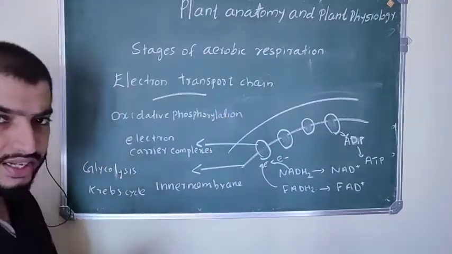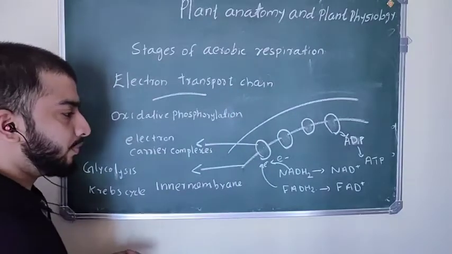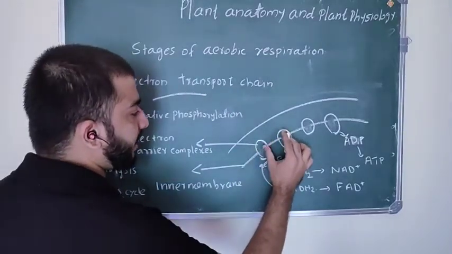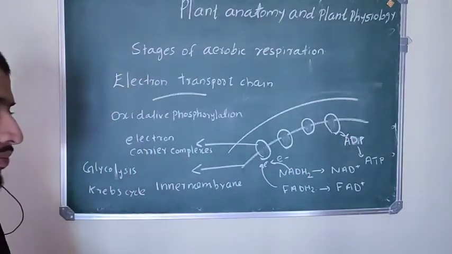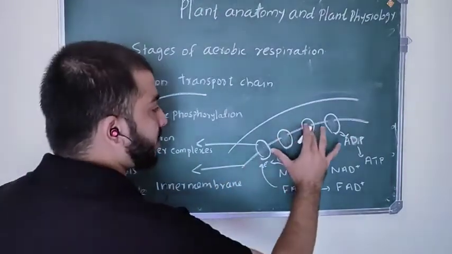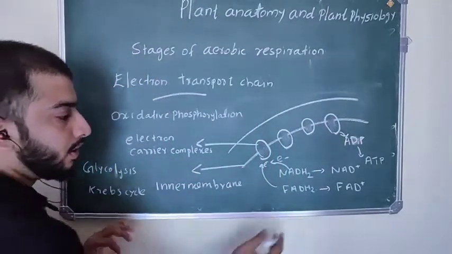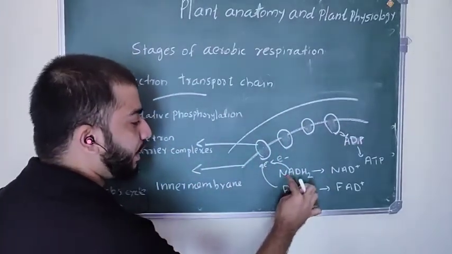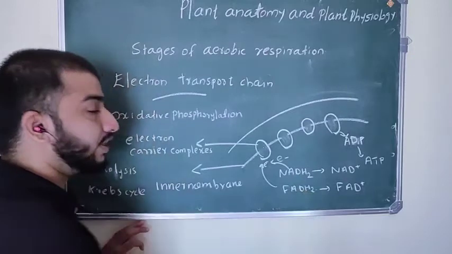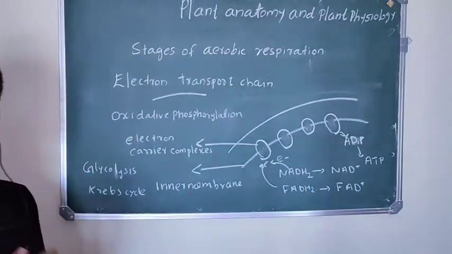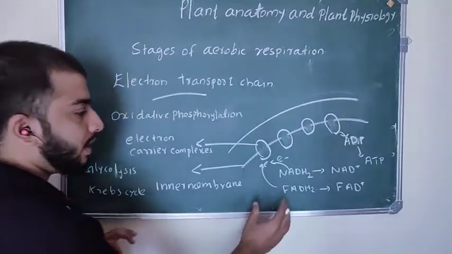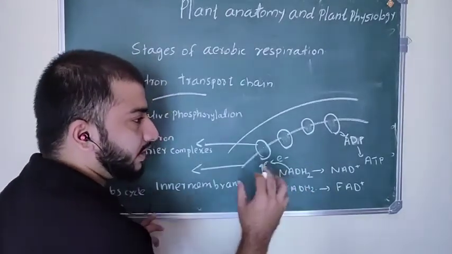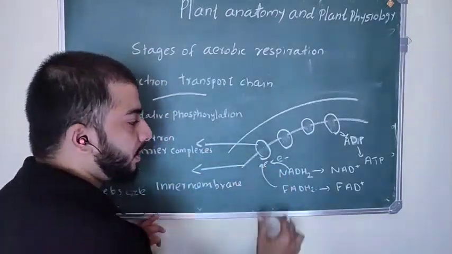I will explain once again what happened here. These are electron carrier complexes present on the mitochondrial inner membrane. They form the electron transport chain. Energy-rich molecules NADH2 and FADH2 are produced by the previous stages of aerobic respiration, glycolysis and the Krebs cycle, and these molecules store energy.